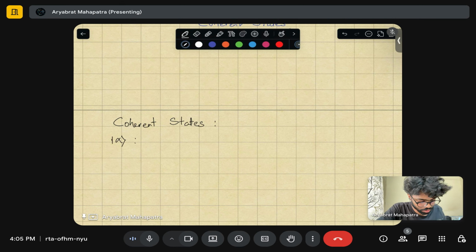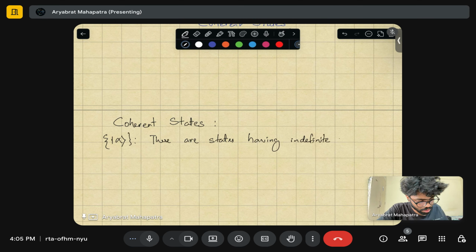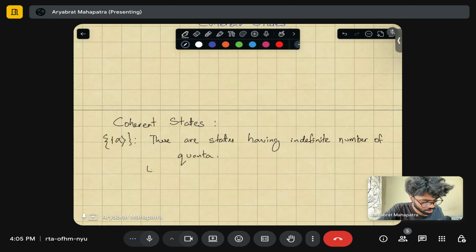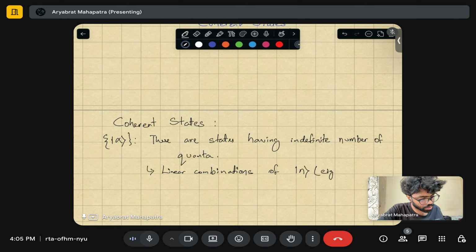These are states having an indefinite number of quanta, meaning they are linear combinations of n states. Let me write this in brackets: these are eigenstates.